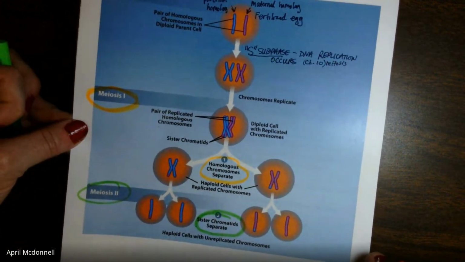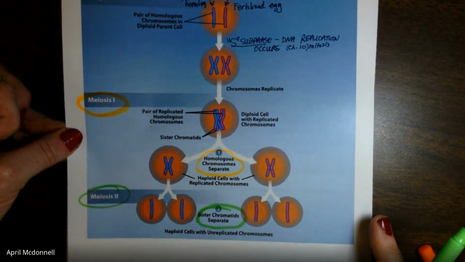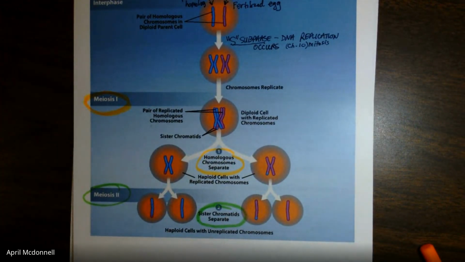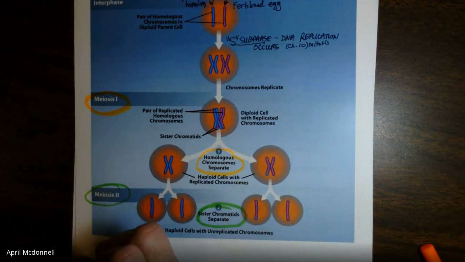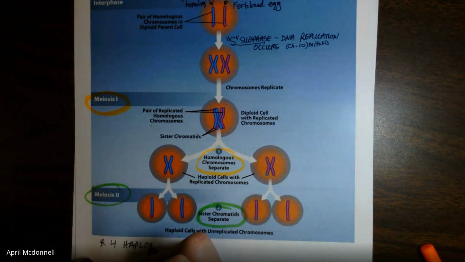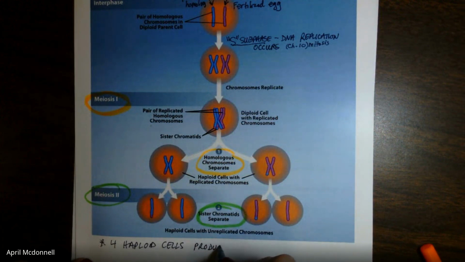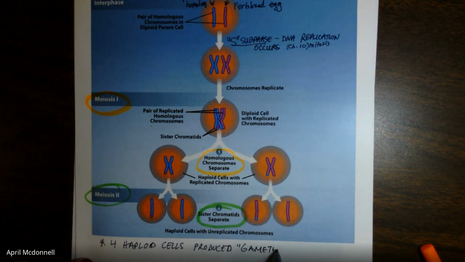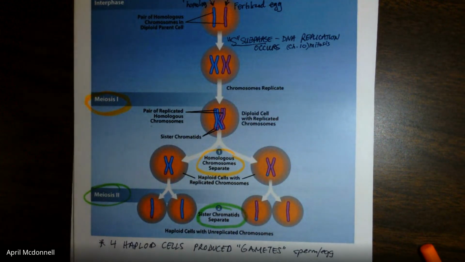Let's note that at the end of the process, there are 4 haploid cells produced. And remember that these cells are called gametes, sperm and egg, for example.